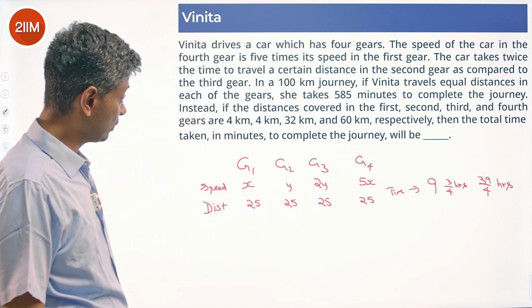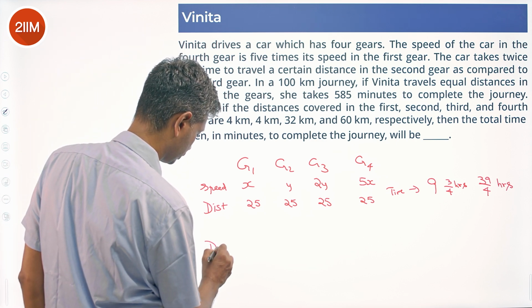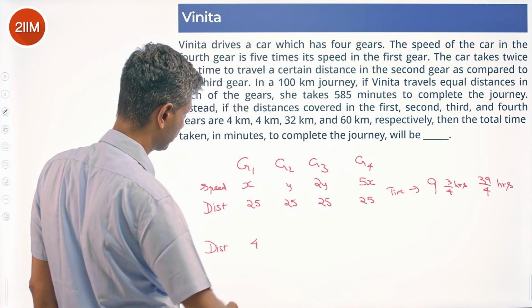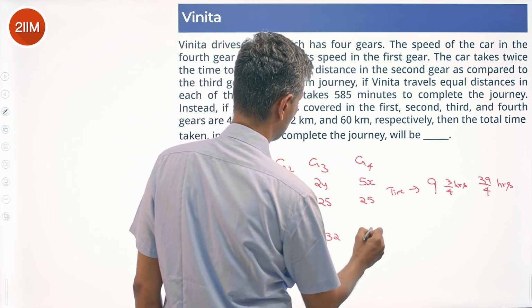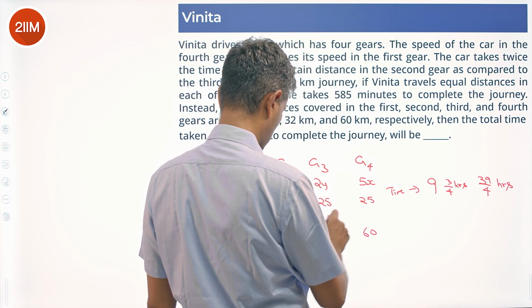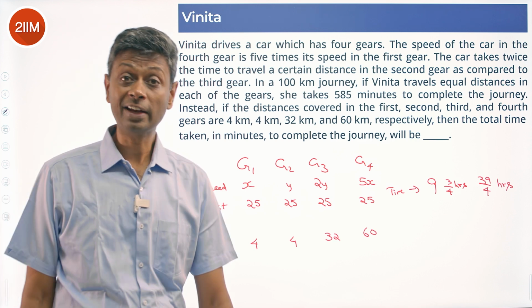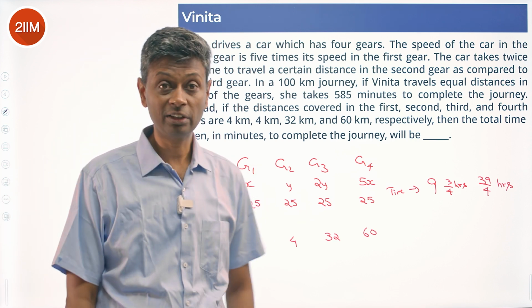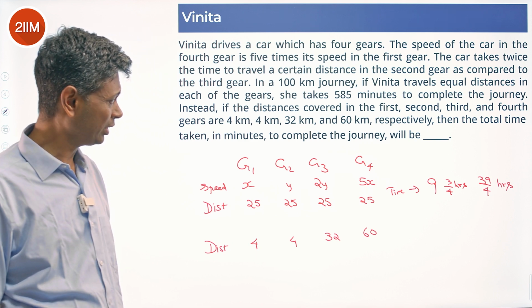Instead, if the distances covered in the 1st, 2nd, 3rd and 4th gears are 4 kilometers, 4, 32 and 60, adding up to 100, yes. Then the time taken in minutes, oh, I thought they'll give us this time also, and then we'll have to find x and y. Turns out he's saying, hey, what is the time taken in this scenario?